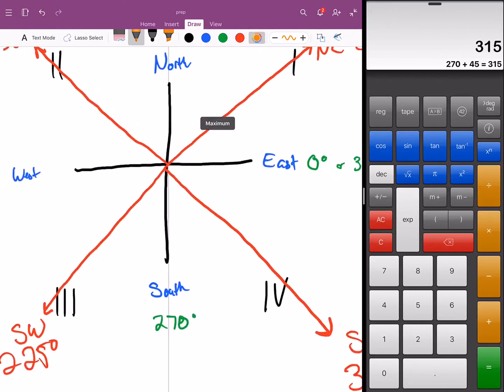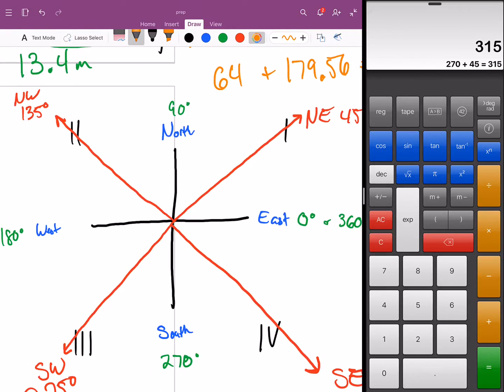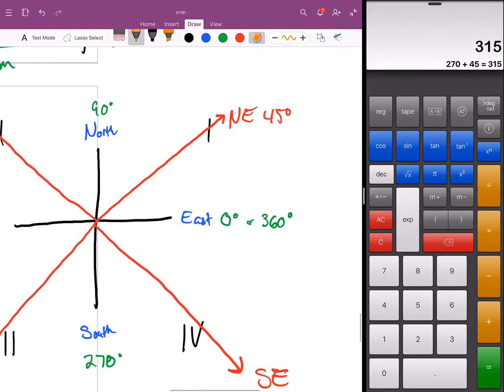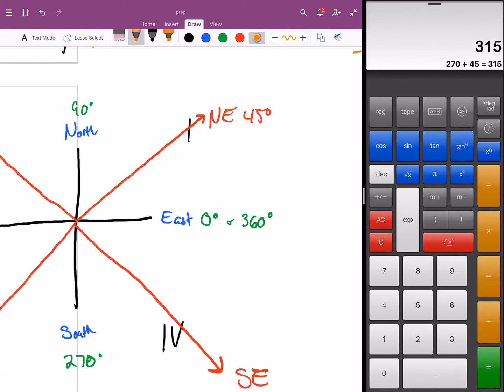Now let's introduce a new concept as well. Let's erase this on top. Okay. If a question was to say 30 degrees east of north, your starting point will be north, which is 90.